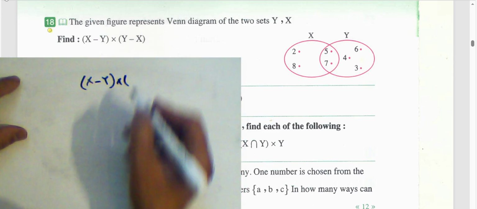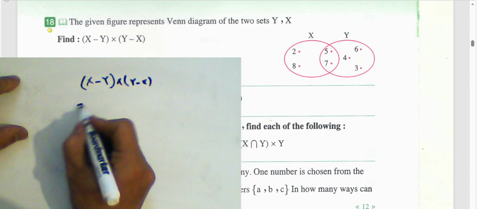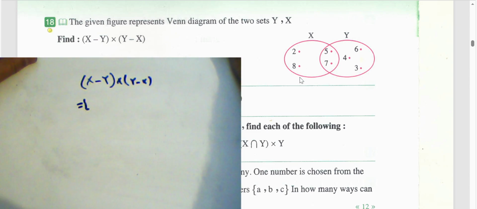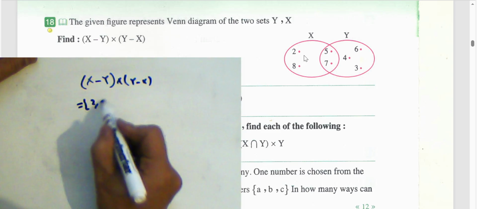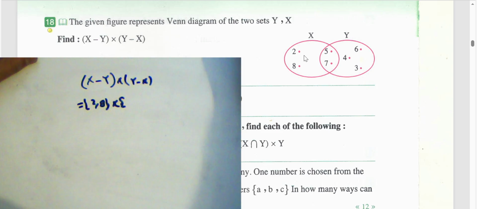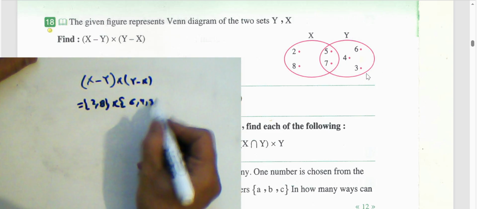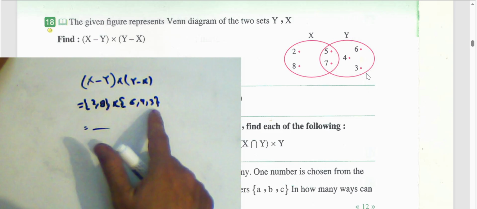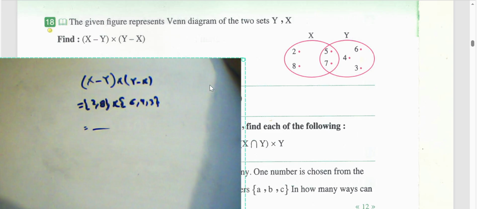What is the element in x not in y? We have 2 and 8. And y difference x, the elements in y not found in x, we have 6, 4, 3. And then you can complete to find the Cartesian product, distributing 2 with all elements and 8 with all elements, in the brackets.